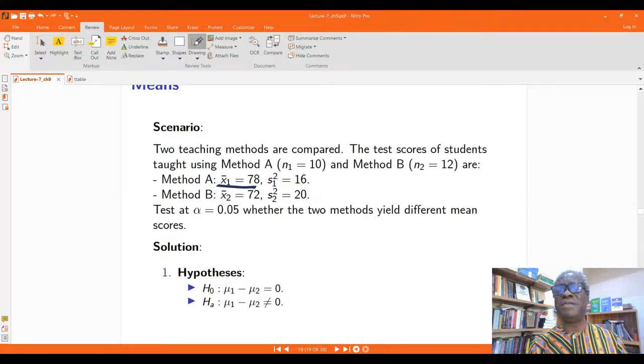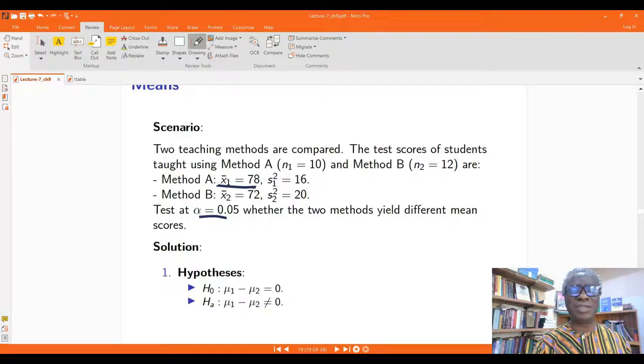The variance is 16. For students taught with method B, the sample average is 72 and the sample variance is 20. And the chosen level of significance is 0.05.